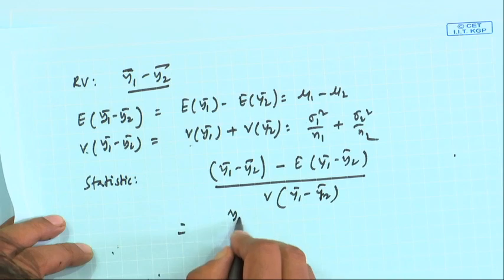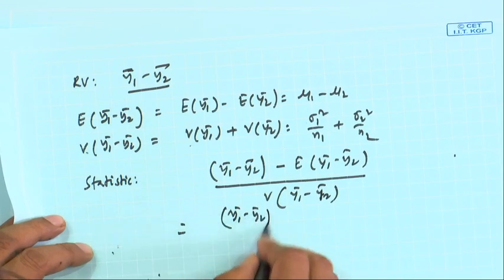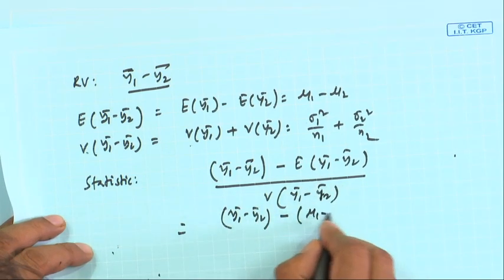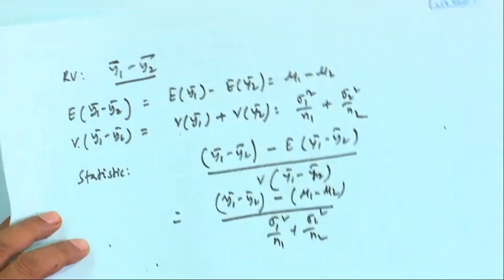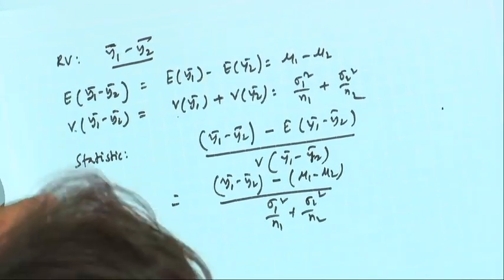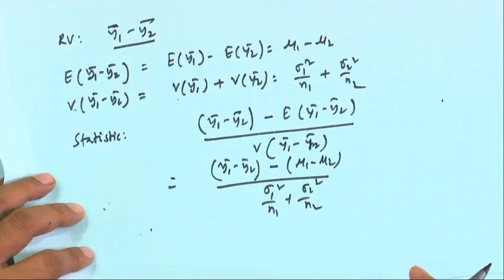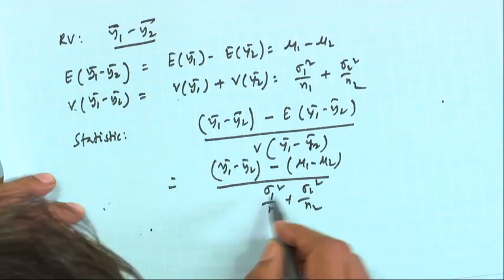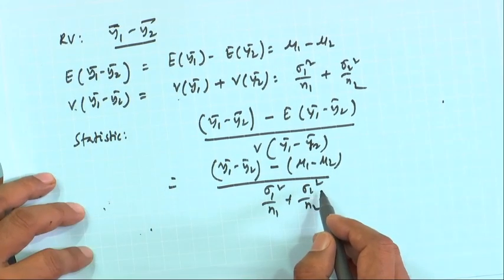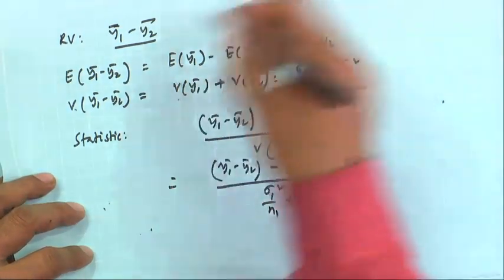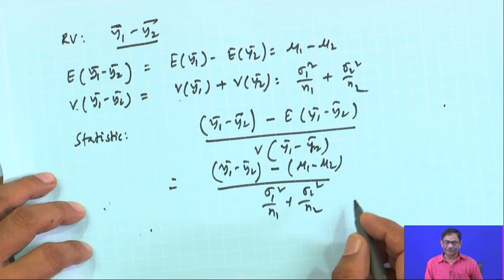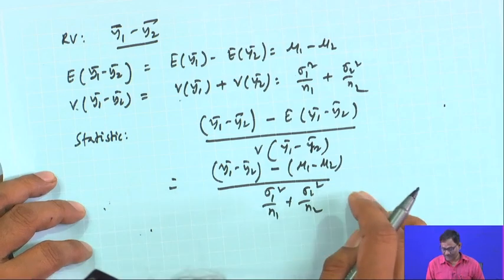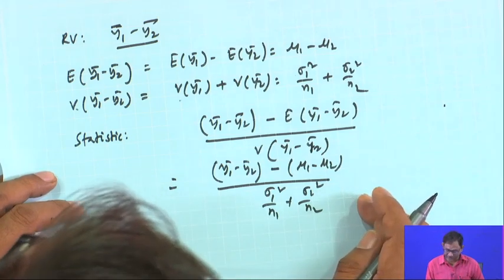This is nothing but y1 bar minus y2 bar minus (mu1 minus mu2) divided by the square root of sigma1 square by n1 plus sigma2 square by n2. Okay. So, this is the statistic. So, what will be its distribution? If sigma1 and sigma2 are known and coming from the normal population, then we can assume that this will be Z distribution, unit normal distribution.